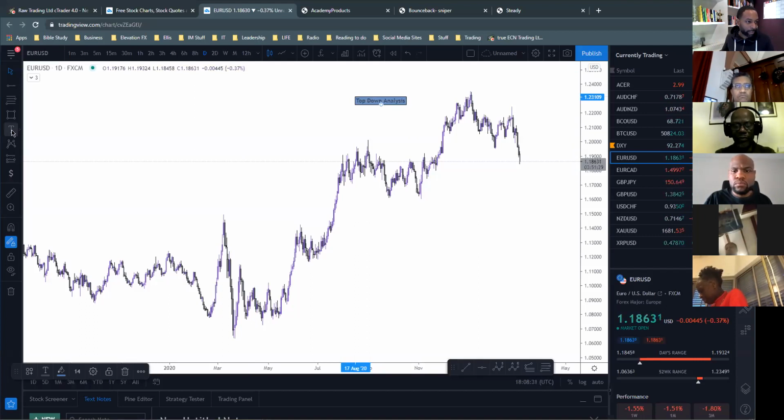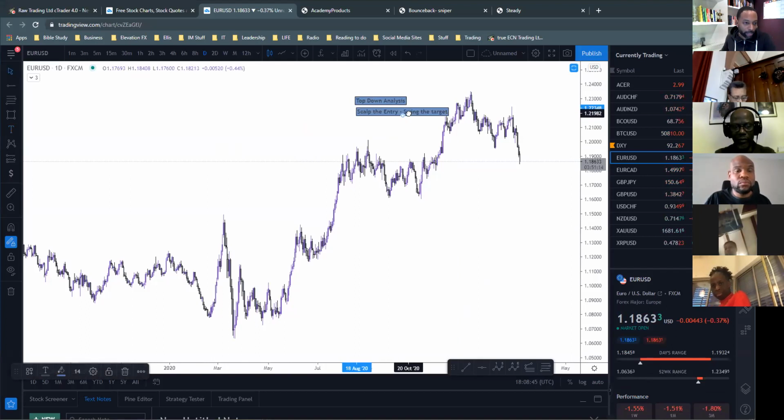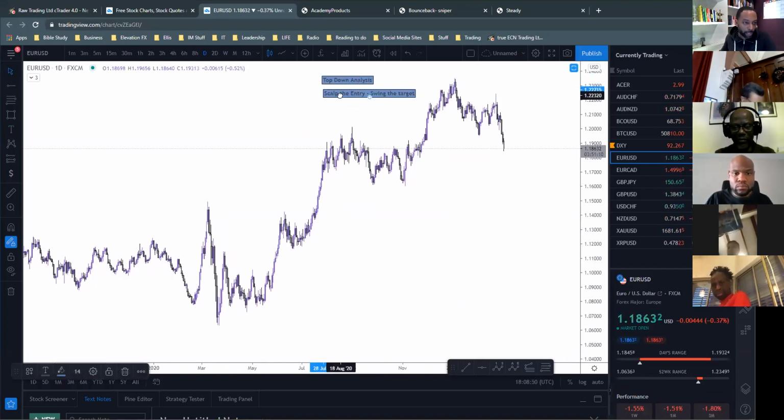I'll put that on the chart. We want to scalp the entry. This is another phrase you would have heard me say: scalp the entry and swing the target, which means we want to look wide, see what the targets are, and then we can find a potential entry if there is one. So top down, we start on maybe the weekly time frame.